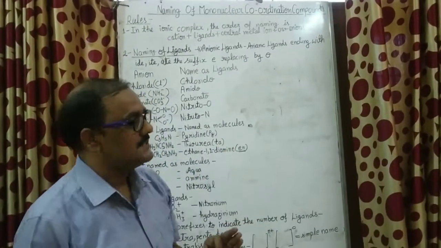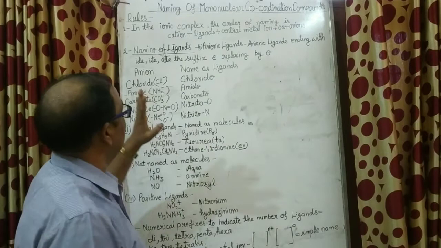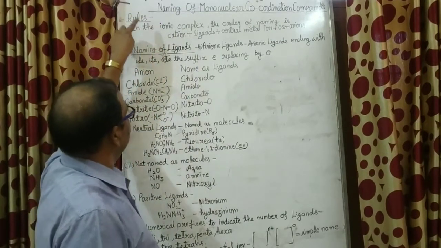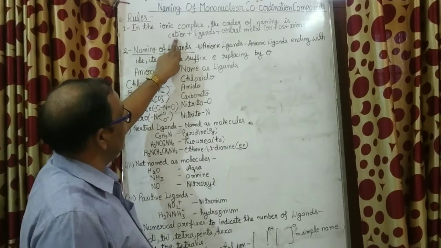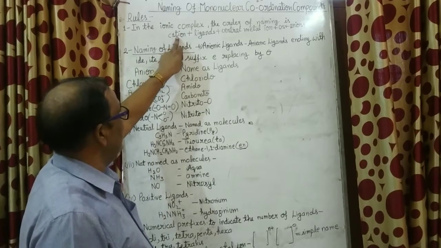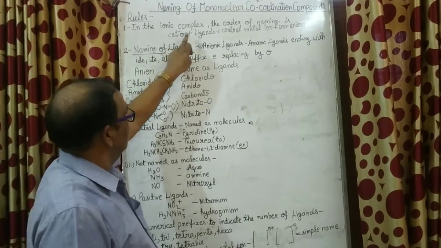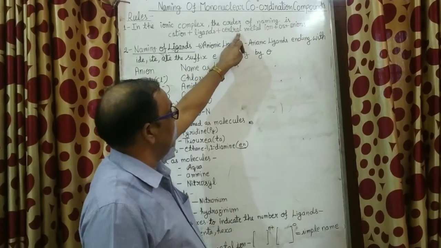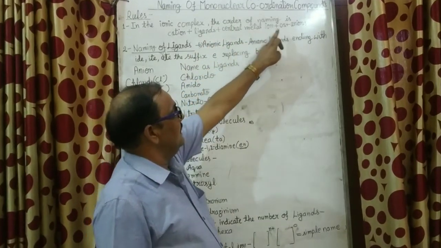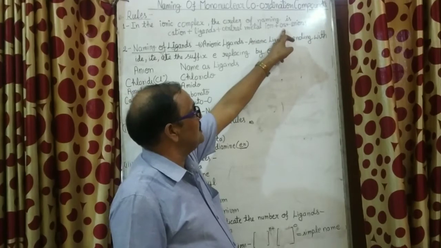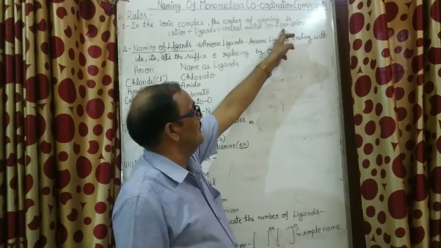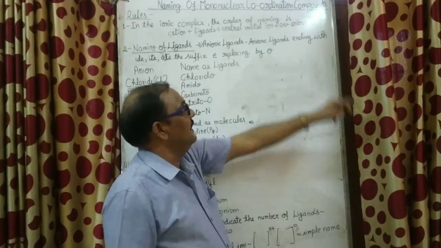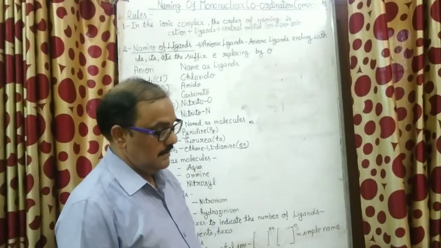So again, you must write the complex name in this sequence: cation name first if it is present, then the ligand names, then the central metal ion or atom, then the oxidation state of the central metal, and at the end the anion.